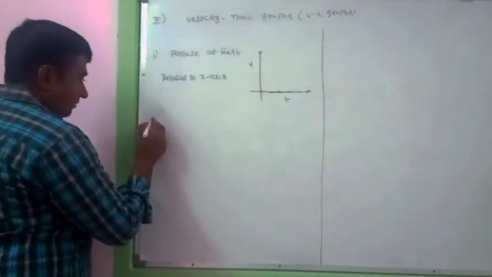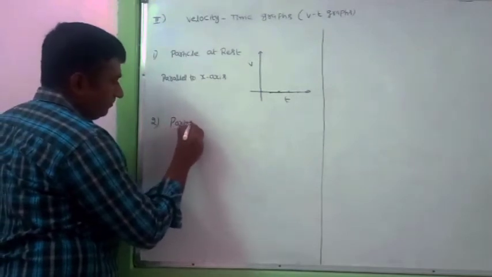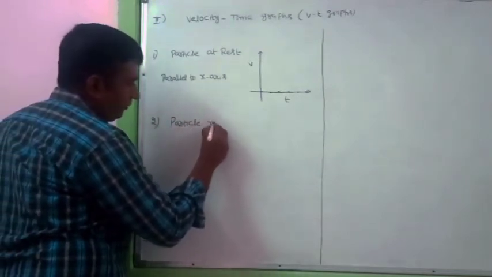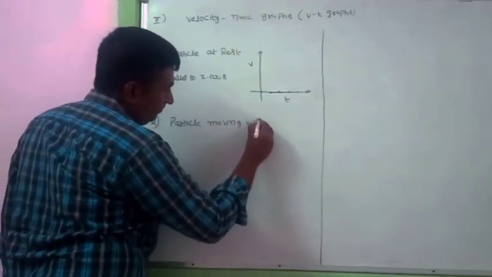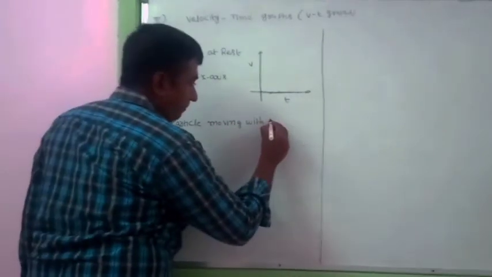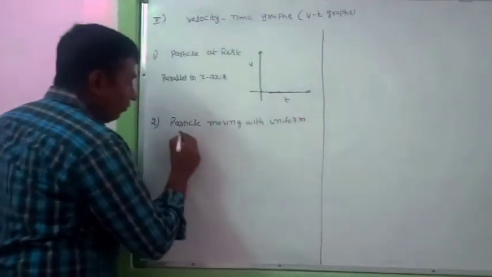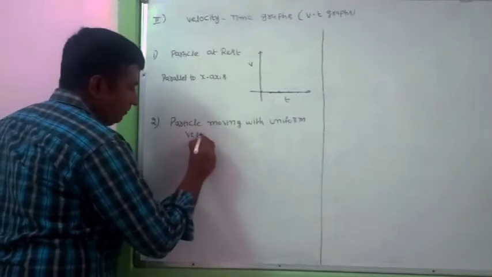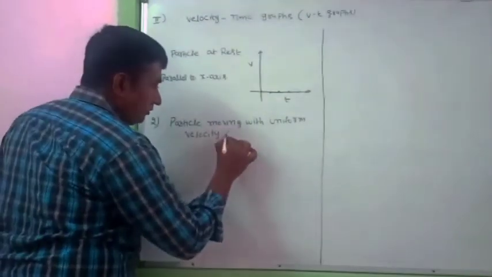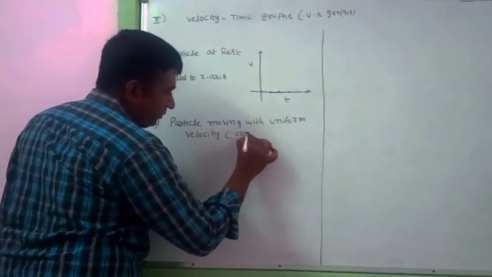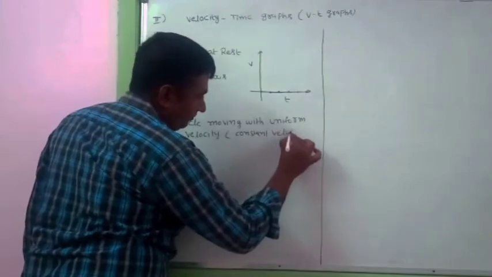So next case, particle is moving with uniform velocity, which is nothing but constant velocity.